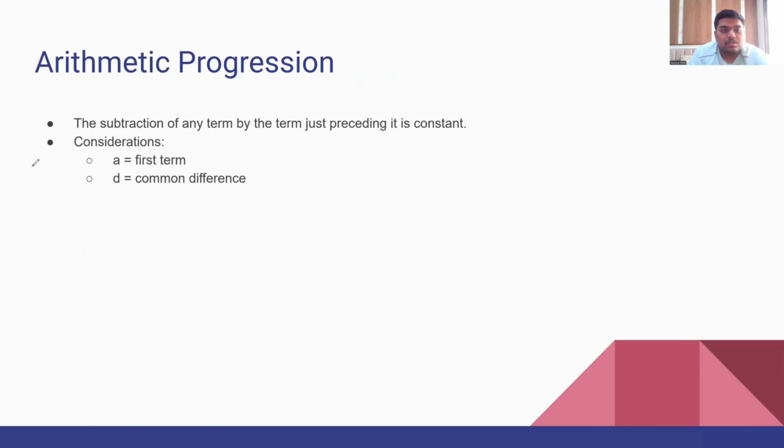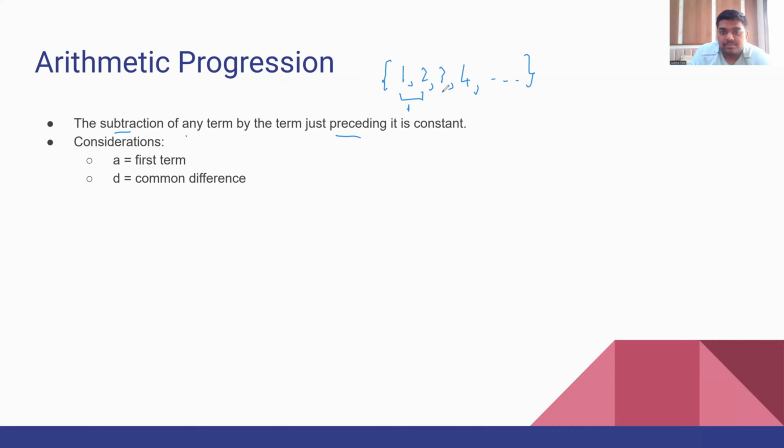Arithmetic progressions. So arithmetic progression means the subtraction of any term by the term just preceding it is constant. So we saw the set of natural numbers, right? 1, 2, 3, 4, and so on. So any term, when subtracted by the term just preceding it, then the difference that comes is constant.